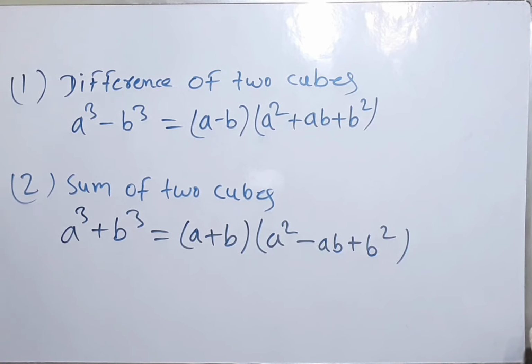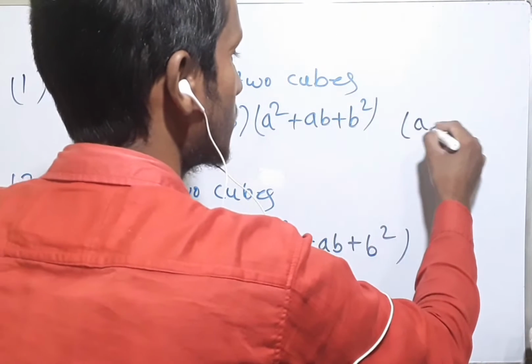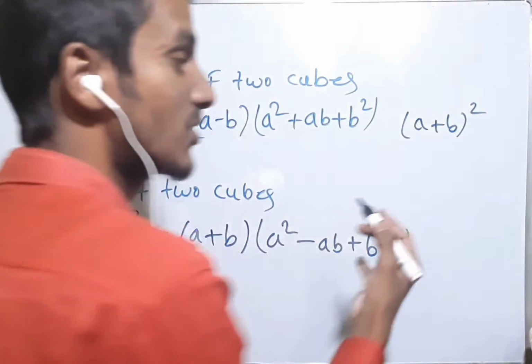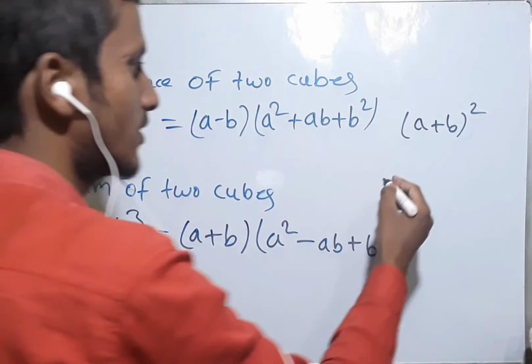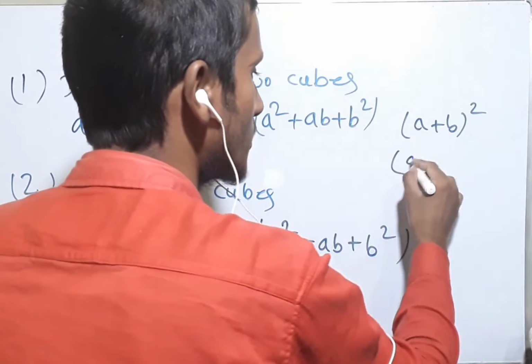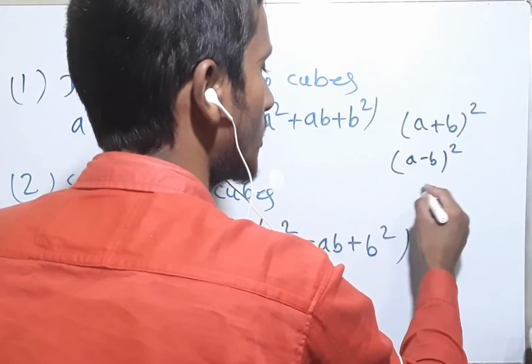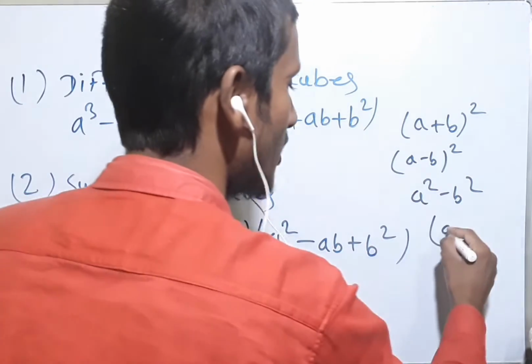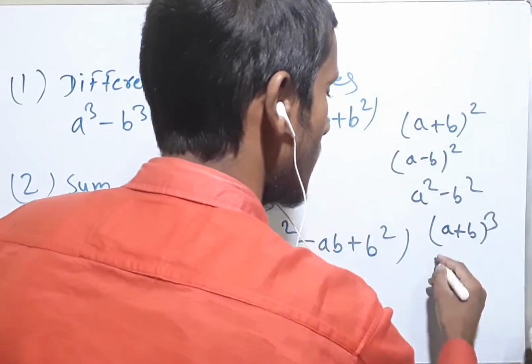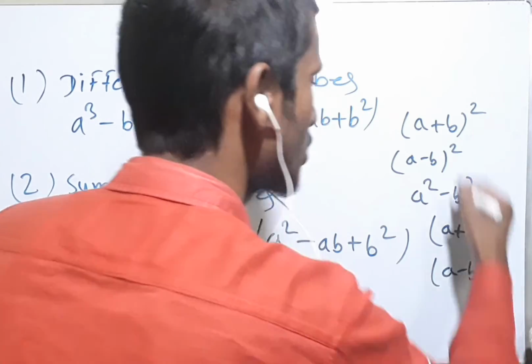I've talked about a lot of formulas before, like a plus b to the whole squared. These are very fundamental and basic formulae that you need to be familiar with. The second one is a minus b to the whole squared, then a squared minus b squared. In the same way, we have a plus b to the whole cubed and a minus b to the whole cubed. We have talked about all of them.